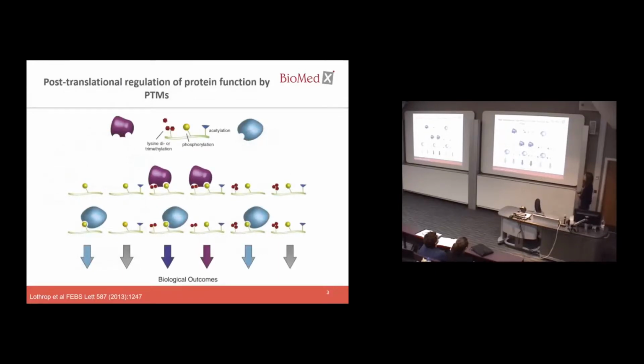And what my team is interested in is the regulation of protein function by PTMs. There are very many beyond phosphorylation that can determine which binding partners a certain protein will have, and depending on the binding partners, it might then lead to very different biological outcomes.